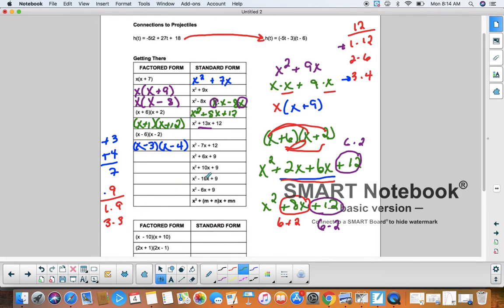And that's going to help you see how we get from a positive to a negative. So in this one, I want the 2 numbers that will add to 6. Well, 3 and 3 add to 6. So here I'm going to have x plus 3, x plus 3. Right? 3 times 3 is 9. 3 plus 3 is 6.